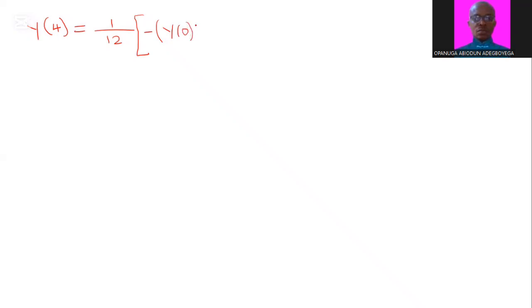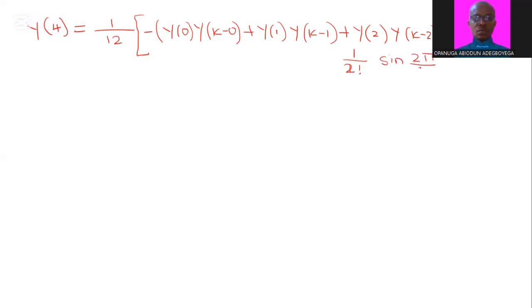When r is 0, k minus 0. When r is 1, k minus 1, plus when r is 2, k minus 2, then plus 1 over 2 factorial sine 2 pi over 2, bracket closed.